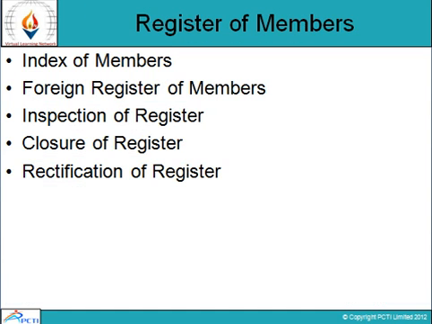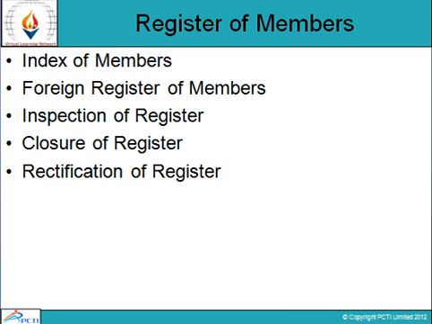Rights of members. First, index of members. Section 151 of the Companies Act requires that every company having more than 50 members shall keep an index of members along with the register. If the register of members is in such a form that it can serve the purpose of an index, no separate index of members need be maintained.